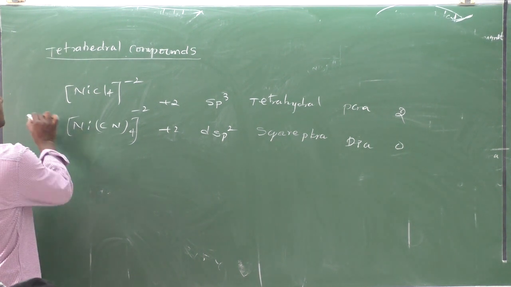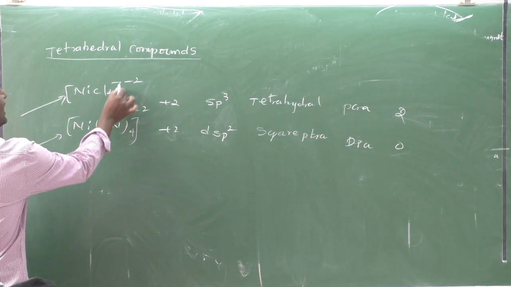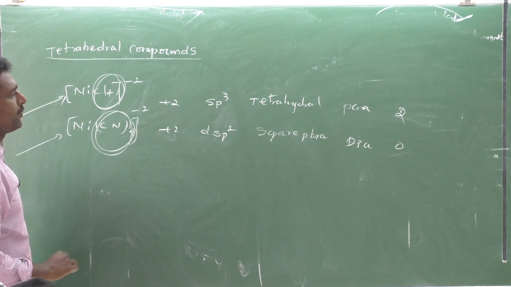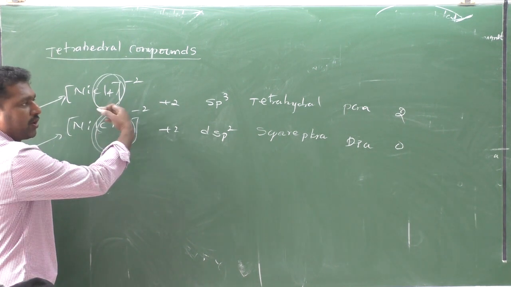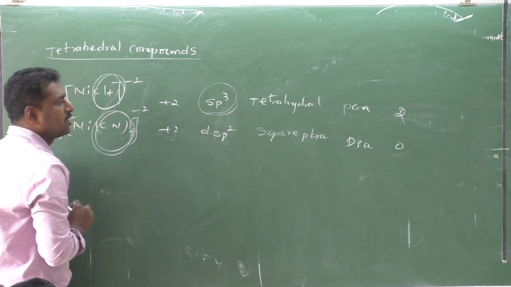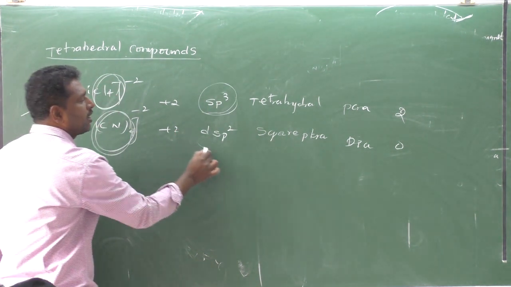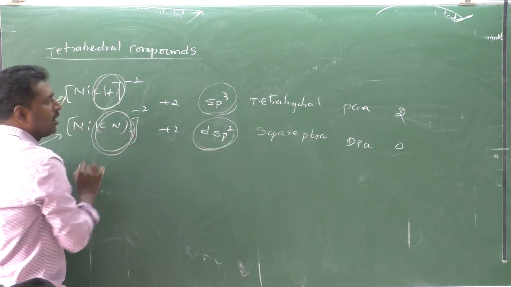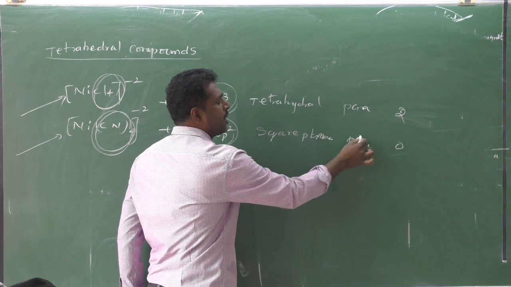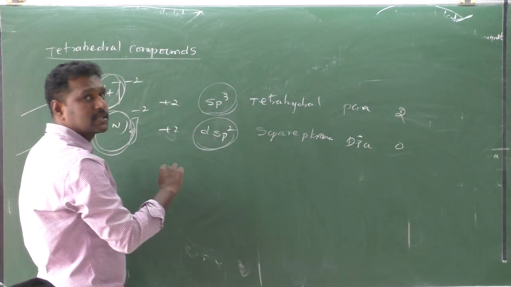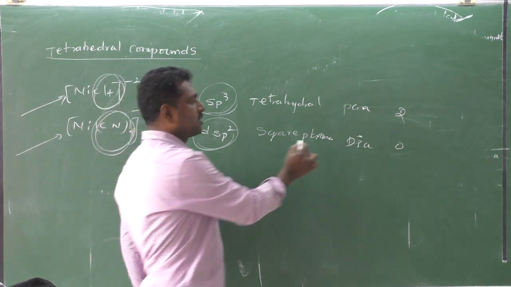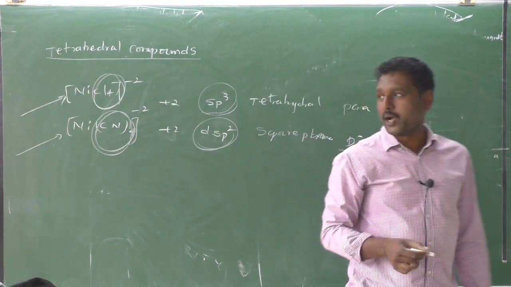This is the difference. Here it is a weak field ligand, here it is a strong field ligand. Here sp3 hybridization is utilized, here dsp2, because with dsp2 hybridization the shape is square planar and pairing of electrons takes place, so there is no possibility of unpaired electrons. That's why it exhibits diamagnetism.